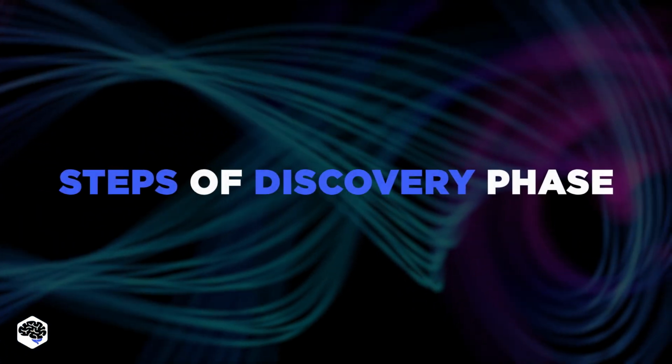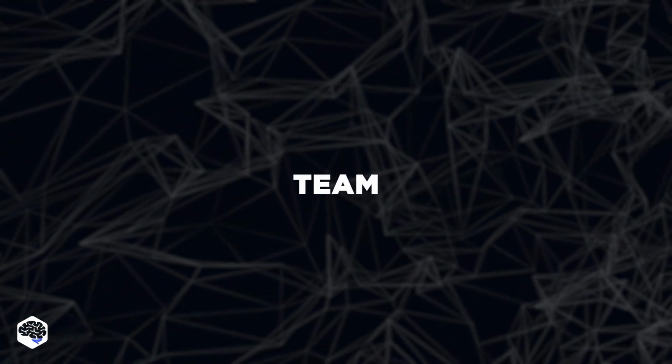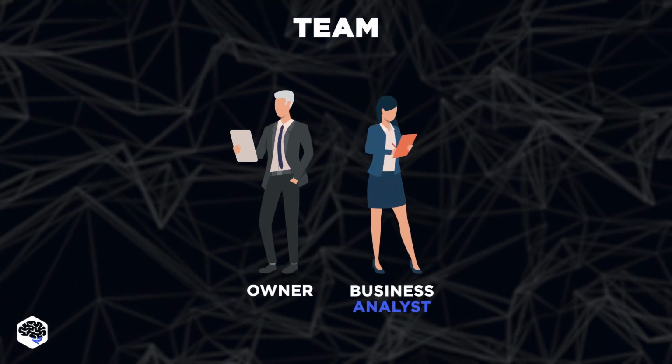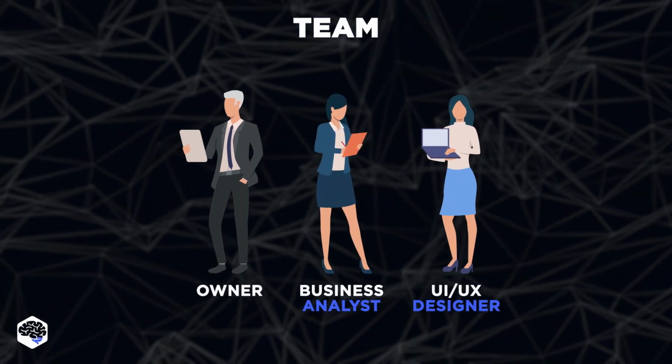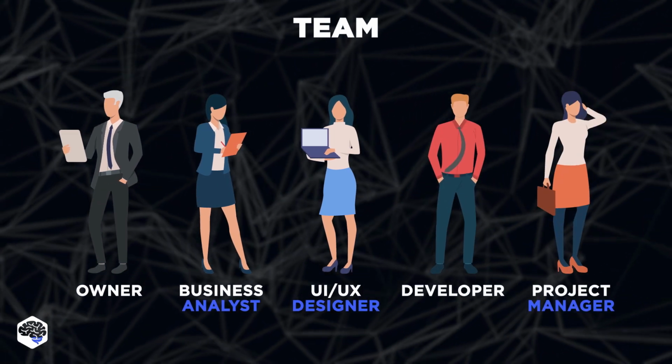Now, we need to see the project discovery core steps, right? Well, first, you need to create a project discovery team. The team includes product owner and stakeholders, business analyst, leading designer and UX expert, developer or technical expert, and project manager.